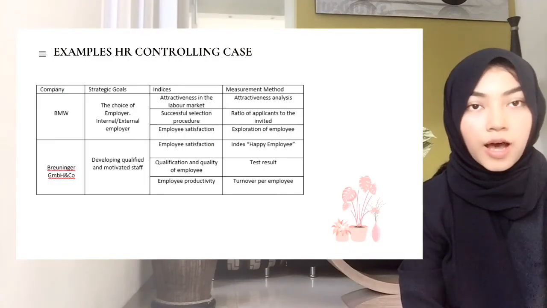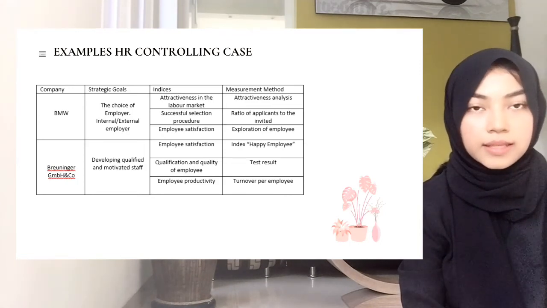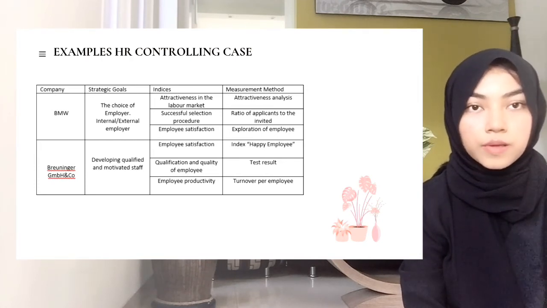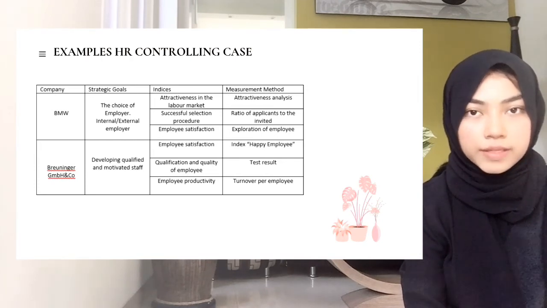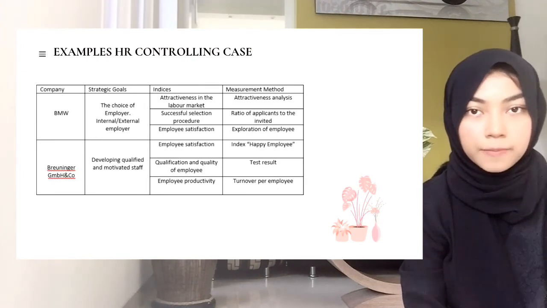The example of HR controlling case. The first company that I will mention is BMW. The strategic goals of BMW is the choice of employer, internal or external employer.